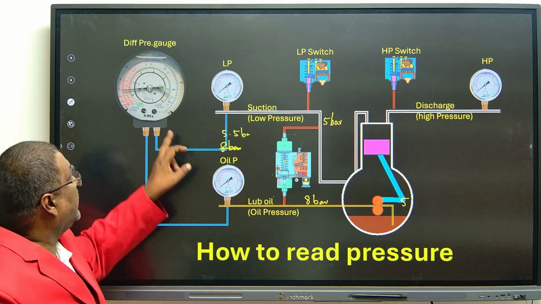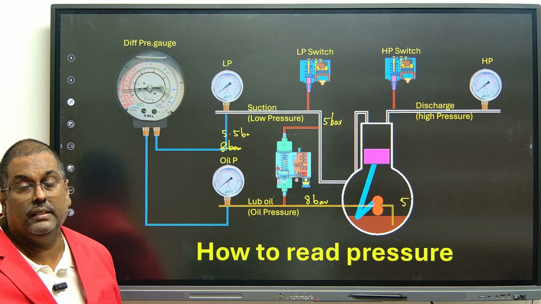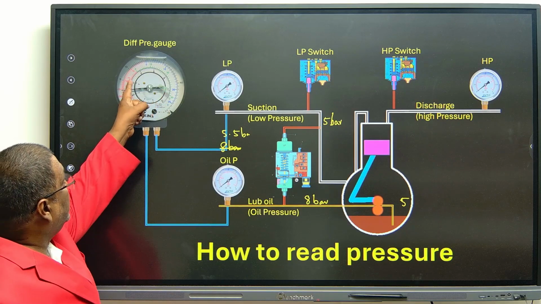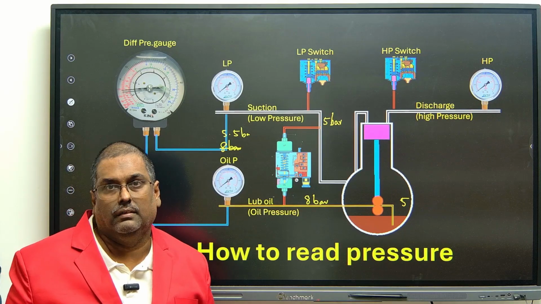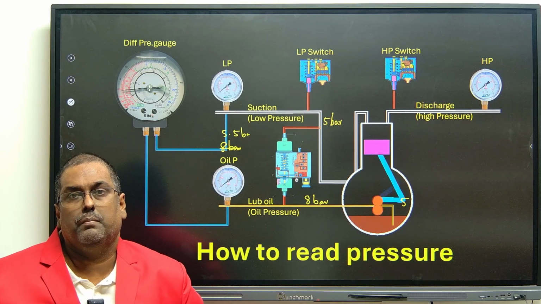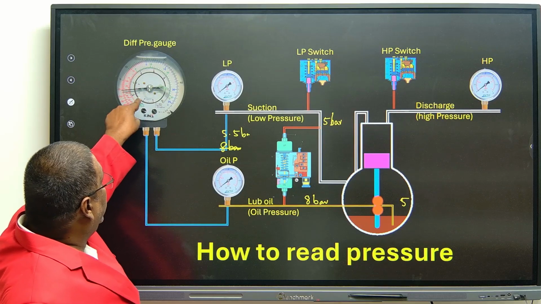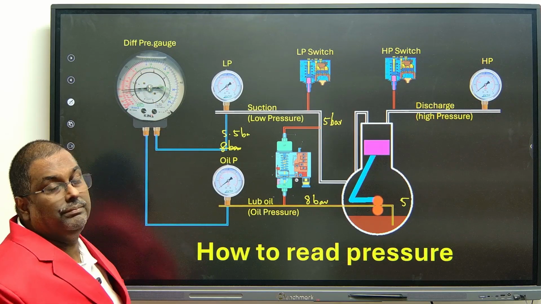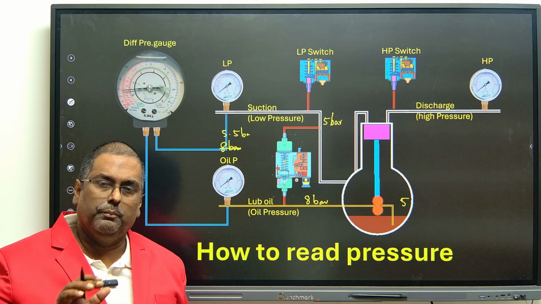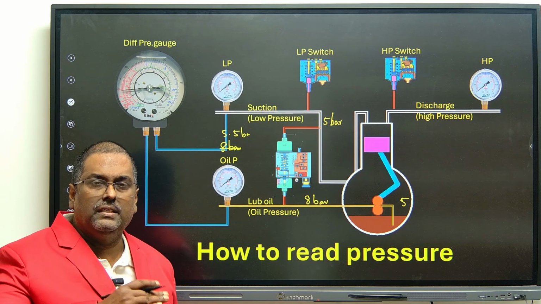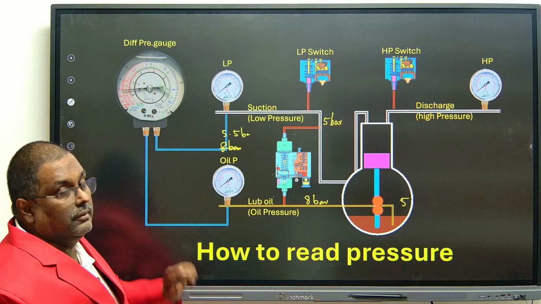One is the suction pressure gauge with a needle showing the suction pressure. The center gauge also had a needle, but they removed the needle and put in a dial. So instead of the needle moving, the dial is rotating.